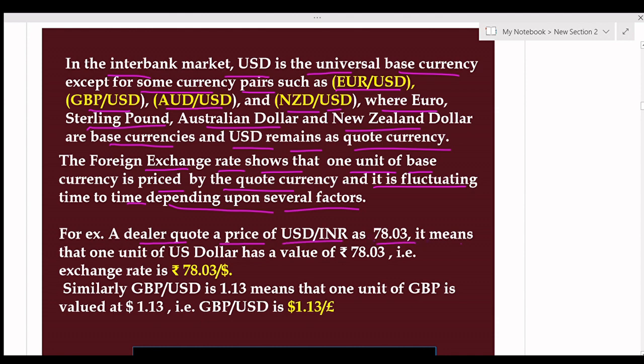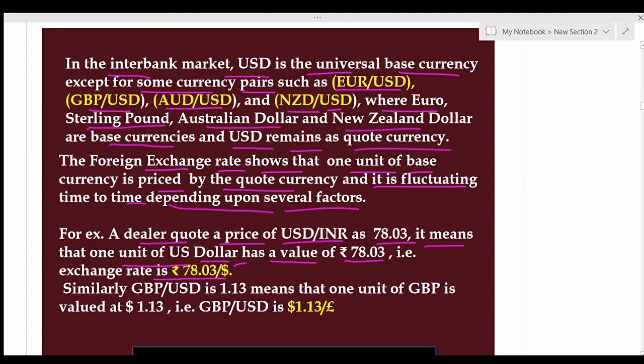It means that 1 unit of US dollar has a value of rupees 78.03, that is, the exchange rate is rupees 78.03 per dollar, per base currency. Here dollar is the base currency.